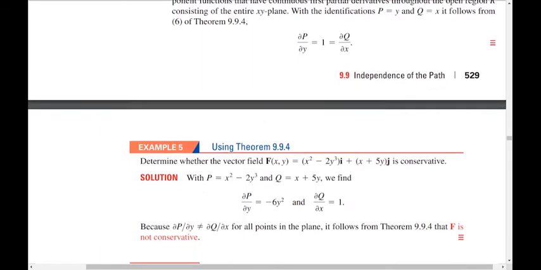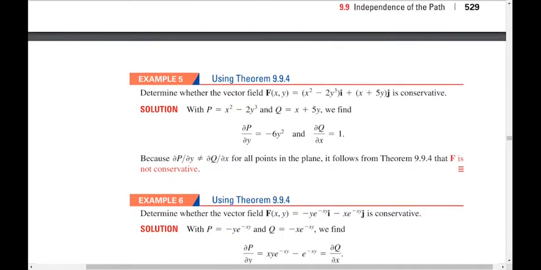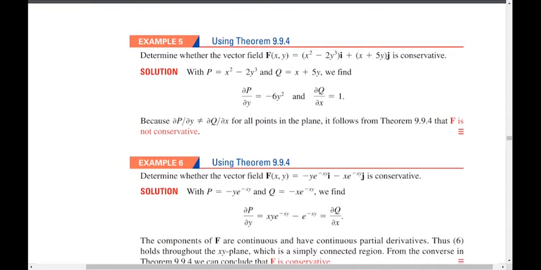Now the next example is also similar. You just have to determine whether the given vector field is conservative or not. F(x, y) is (x² minus 2y³)i plus (x plus 5y)j. Here P is x² minus 2y³ and Q is x plus 5y. What will be ∂P/∂y? We differentiate partially with respect to y, keeping x as a constant. So this will become 0 and this will become 3 into 2, that is minus 6y².